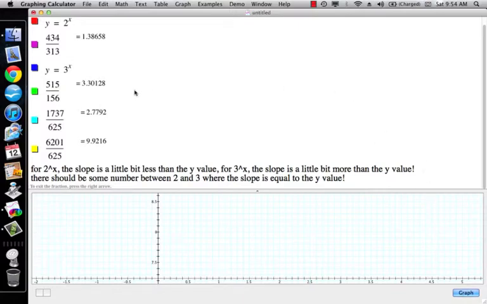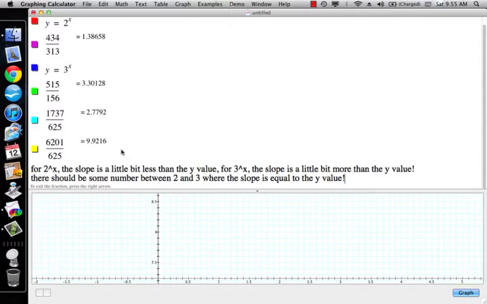If you look at these numbers, 1.38 is a lot farther away from 2 than 3.3 is away from 3. So I'm going to say that the number is going to be closer to 3.